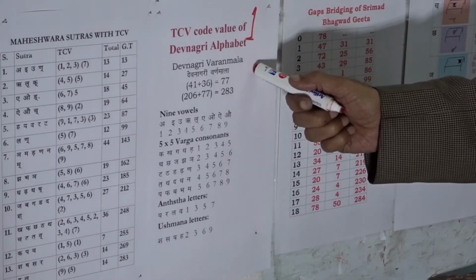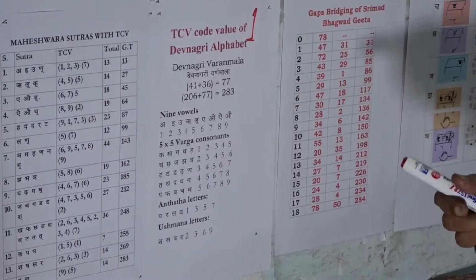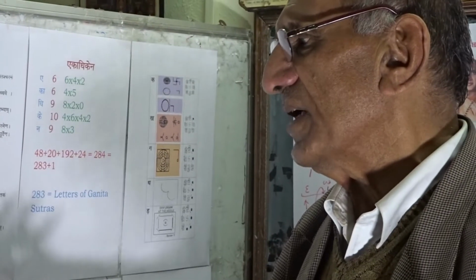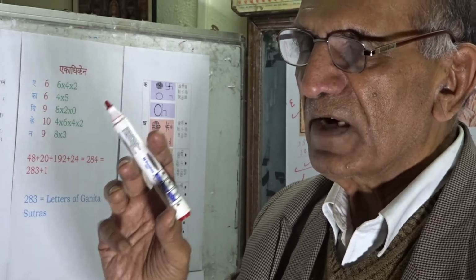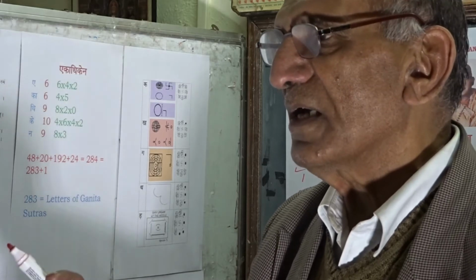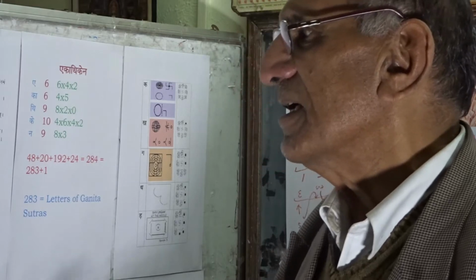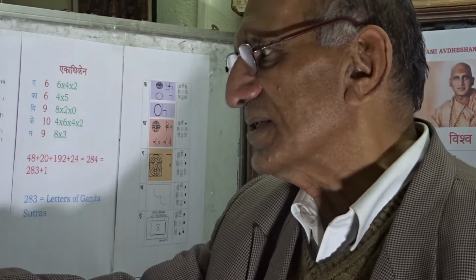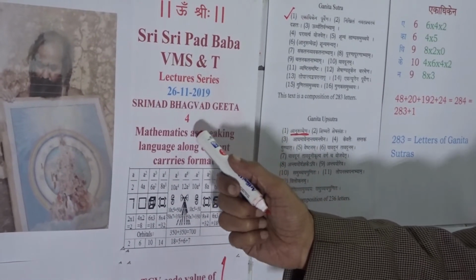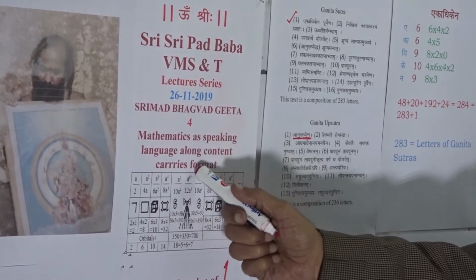We will be starting from the Vedic alphabet, and after exhaustive coverage of the entire format, we will be reaching back at the Devanagari alphabet itself. So Devanagari Varnamala, Devanagari alphabet is the starting point, and Devanagari alphabet is going to be the end reach of the Vedic systems, in terms of which mathematics is transiting and transforming as a speaking language along the content carriers of format.